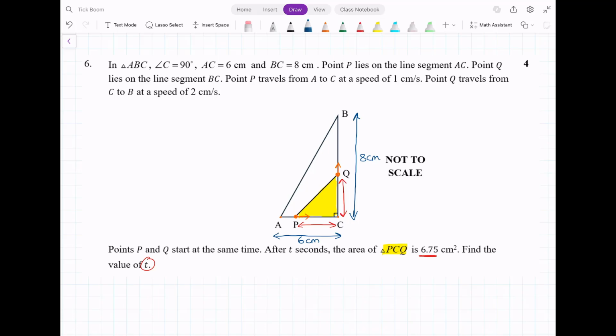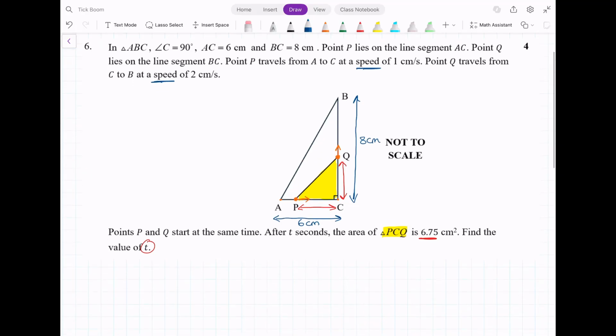To begin with, to work out the expressions that represent PC and CQ, I think we can make use of the speed at which each of the points P and Q are travelling. So we start with the fact that speed equals distance over time, and I'll use T for time since that's commonly used, and it's also the letter we're using here for time.